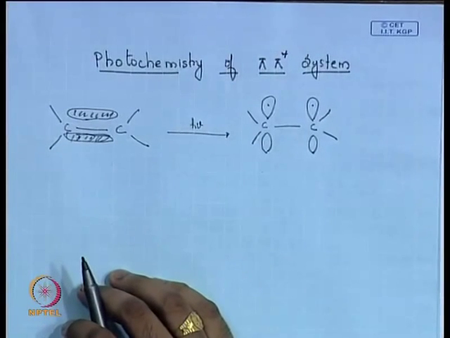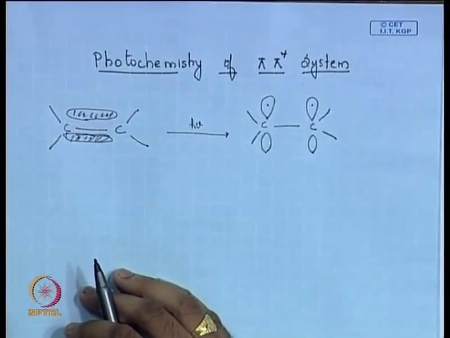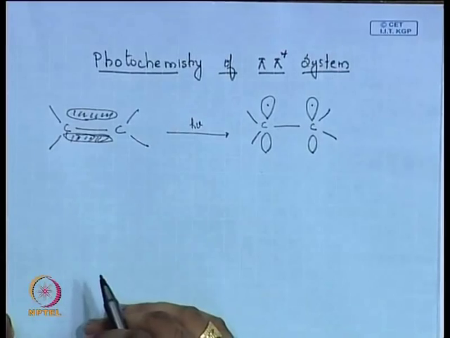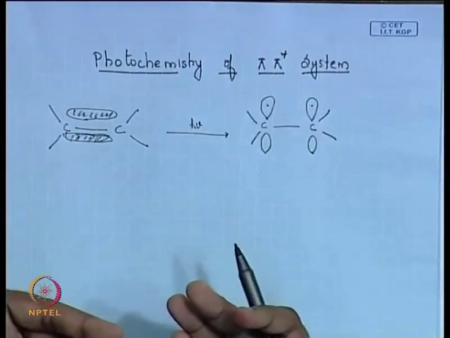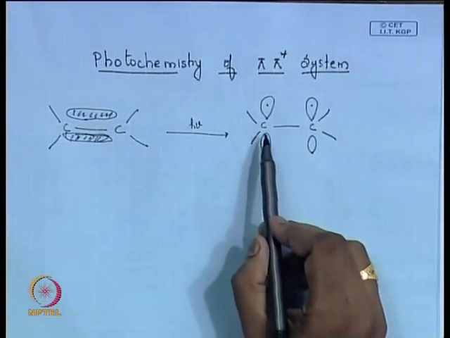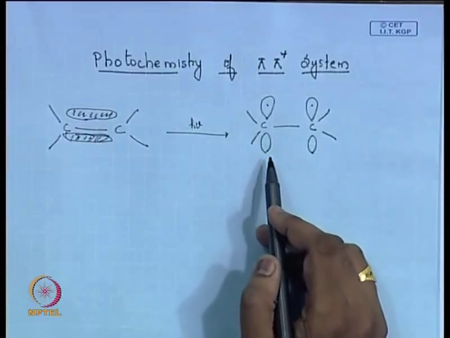Right now I am not introducing any word singlet or triplet. I am just taking an alkene, I am photolyzing, you get a type of excitation pi star. So, I am saying that this can be a pi star excitation.